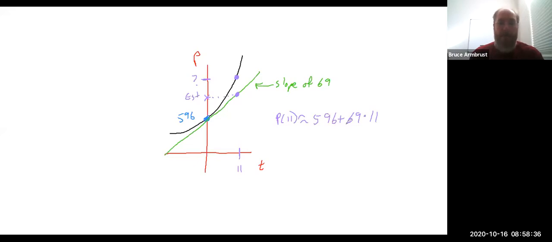That's the best I can tell you. Am I going to be close? I don't know. I have no idea exactly how this function is growing. Like if it was this black one, that estimate is, I don't know, probably not great.